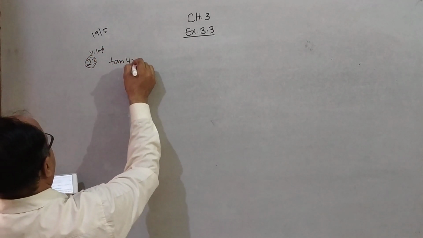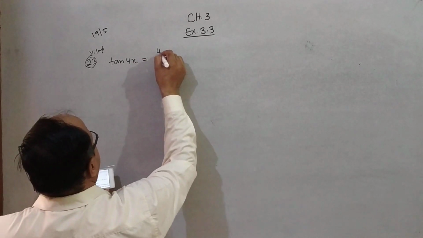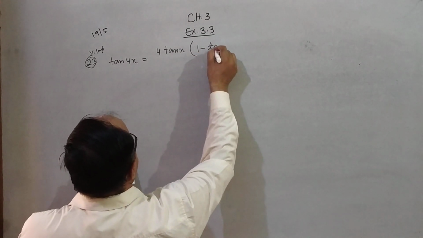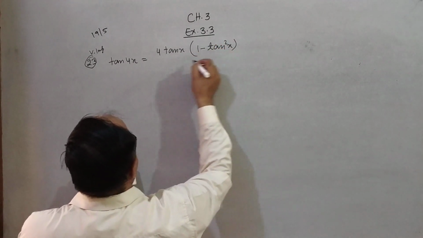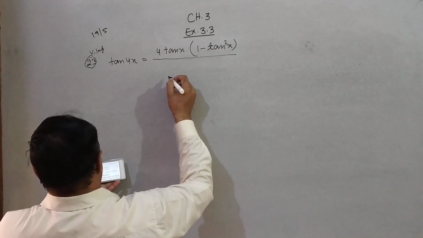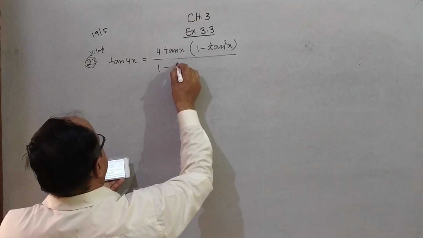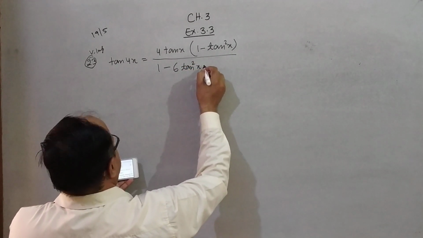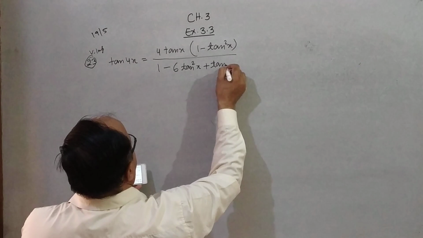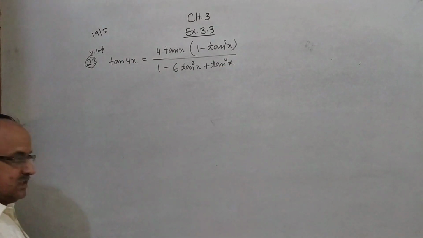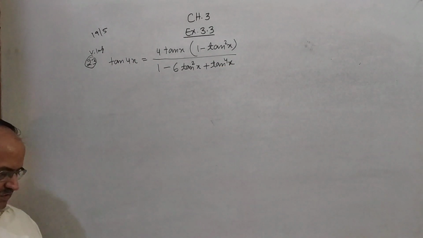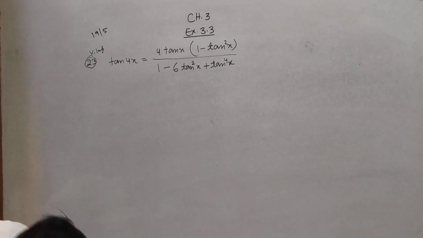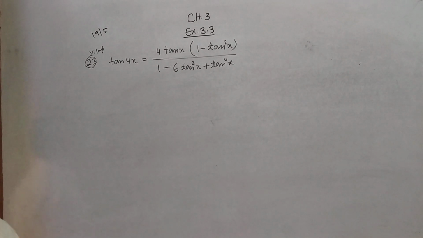Tan 4x is equal to 4 tan x (1 minus tan square x) divided by (1 minus 6 tan square x plus tan to the power 4 x). This is question number 23. Can you think? How can you solve it?